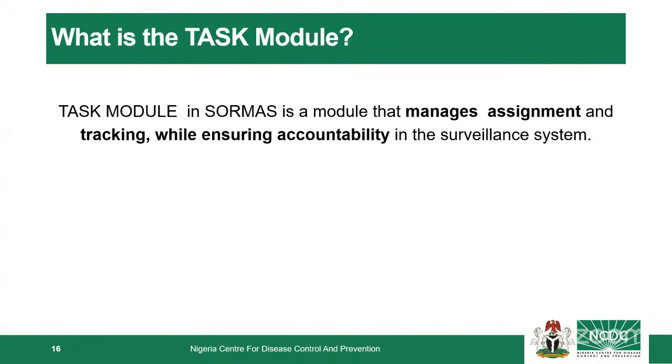What is the task module? The task module in SORMAS is a module that manages assignment and tracking while ensuring accountability in the surveillance system. This module is used to track assignments within the system. All we are doing there is sending a message in the form of an assignment to the end user at the receiving end.